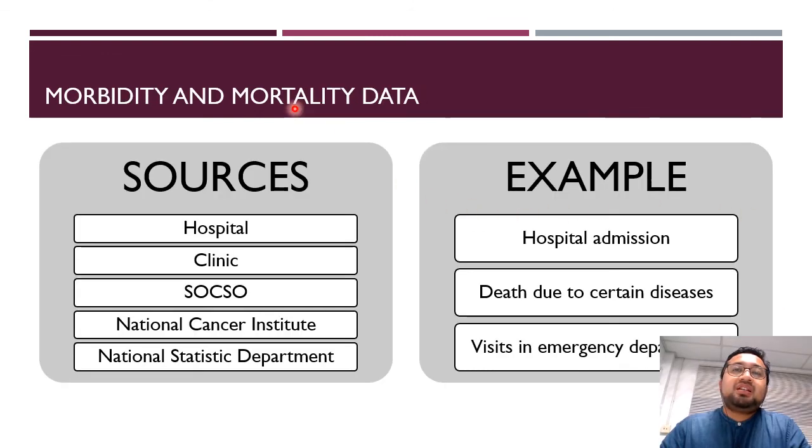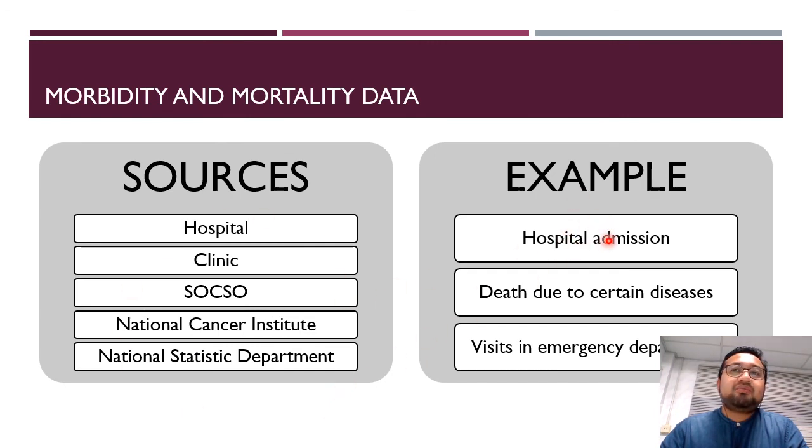Okay, morbidity and mortality data. Okay, dari mana kita nak dapat data kematian dan juga kecacatan, morbidity and mortality. So sources dia daripada hospital, klinik, PKSO, National Cancer Institute and National Statistics Department.